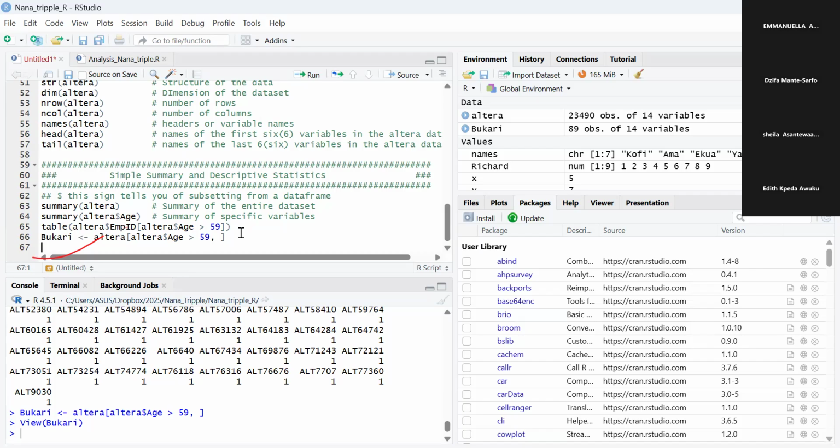Yes, Prof. Okay, so what is a row? What is a column? Betty, answer. Okay, Fasai. Yes, Ifa, what is a row? What is a column?